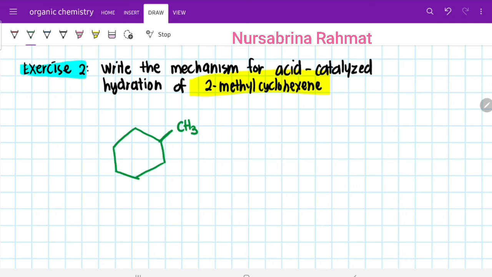Since it does not mention the position of the double bond, 2-methylcyclohexene means the carbon-carbon double bond is between carbon 1 and carbon 2. So it looks like this. You need to propose a mechanism for its acid-catalyzed hydration.